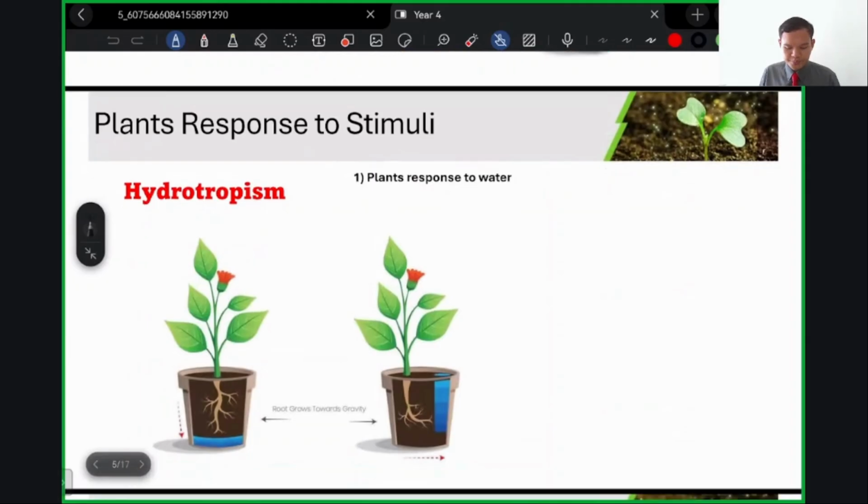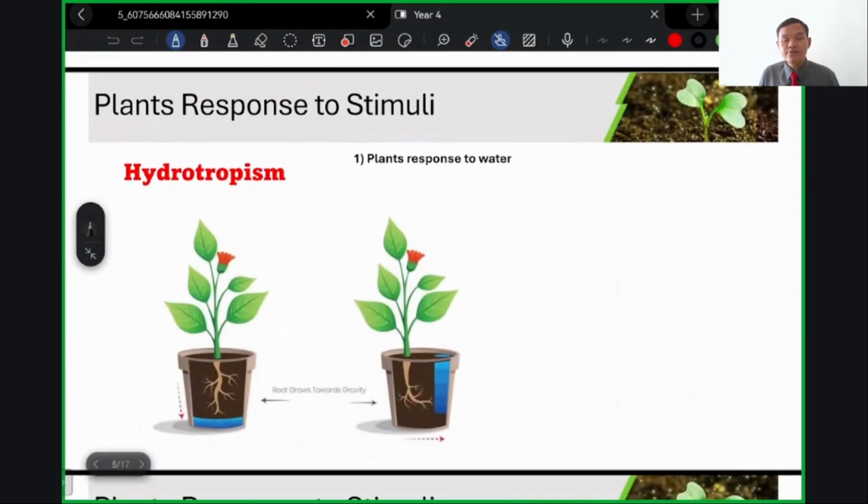Now, let's look at our first subtopic today, which is plant response on stimuli. We have four types of stimuli. The first one is water, or we also call it hydrotropism. The plant has two parts: the shoot, pucuk, the upper part of the plant, and the roots.